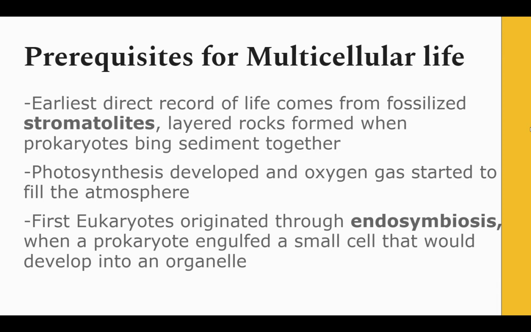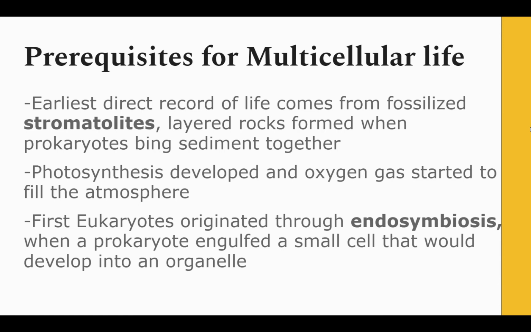And those are our first. That's our first record of life. So we need these first organisms, and after that, we have photosynthesis. The development of photosynthesis, the creation of this pathway, was our key into oxygenating the atmosphere.